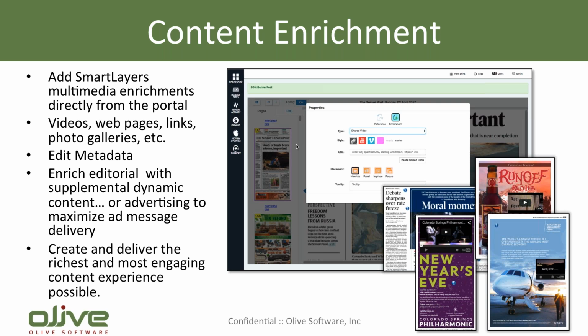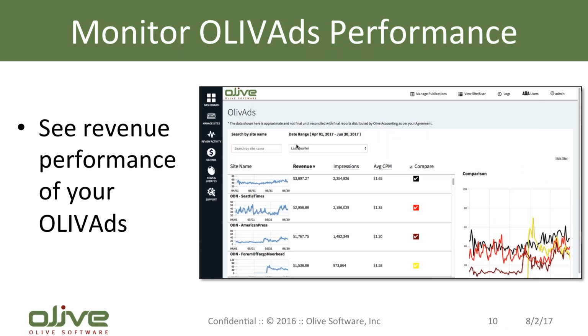And enrich your editorial content and possibly your advertising content to maximize engagement and message delivery, and really create an interesting and engaging e-edition experience. We do have quite a few publishers who are leveraging this technology to great success, and so enabling this within the portal for all of our publishers was one of the goals of creating this portal environment.